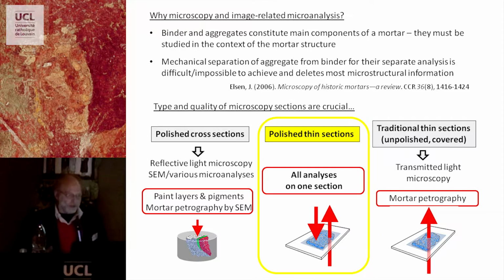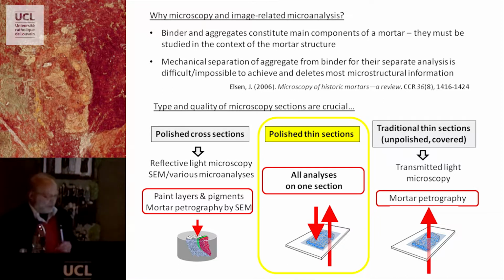It's the best possibility, and we can go to SEM, scanning electron microscopy, very well. But for quite some time, we at my institute in Vienna have mainly focused on thin sections, not only for the study of ancient mortars, but for many questions in conservation science.